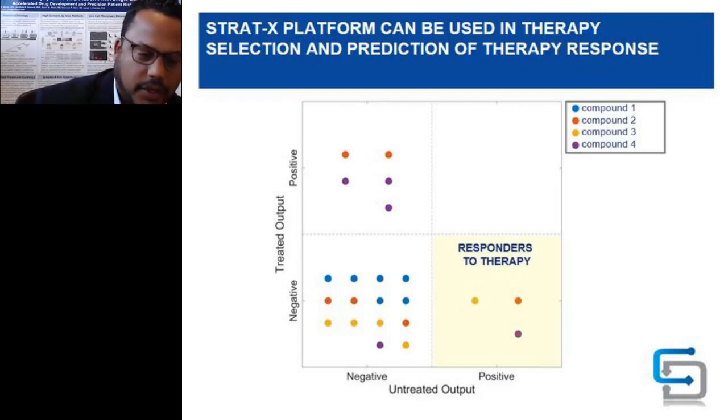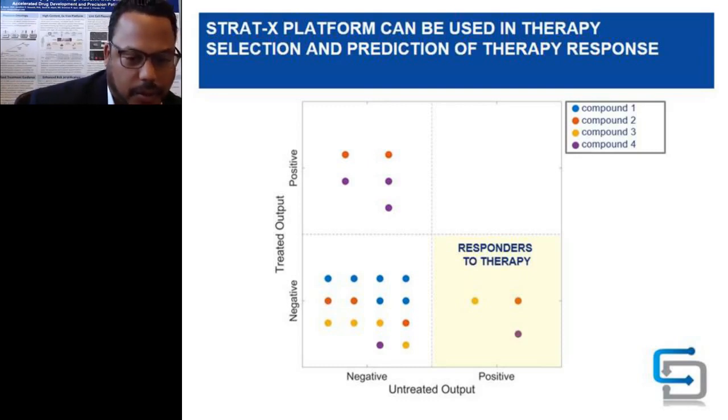And so if this patient is negative or positive, it determines whether the patient needs therapy or not. On the y-axis, we see that this platform, STRAT-X, can also predict if the patient, when treated, would be positive or negative.